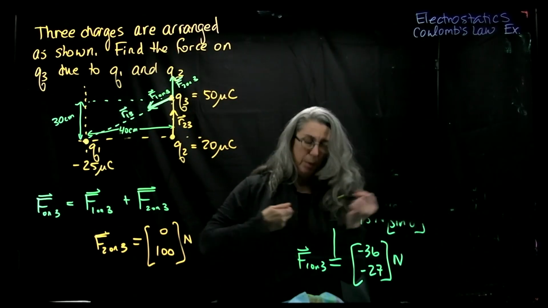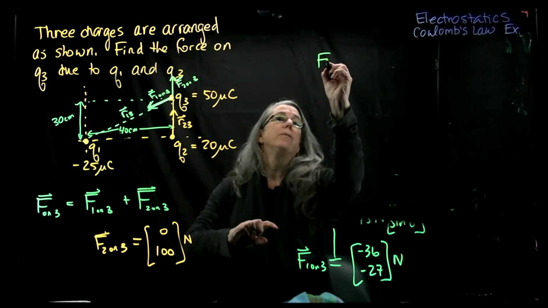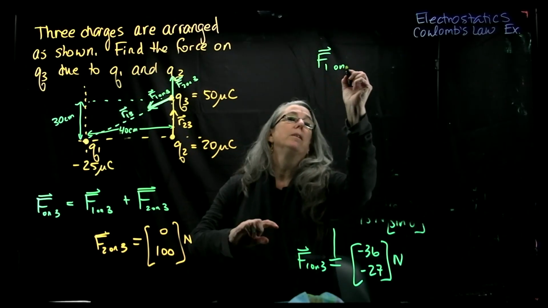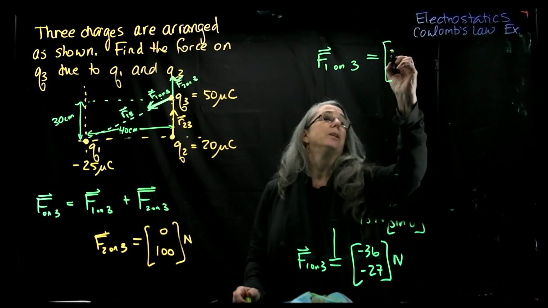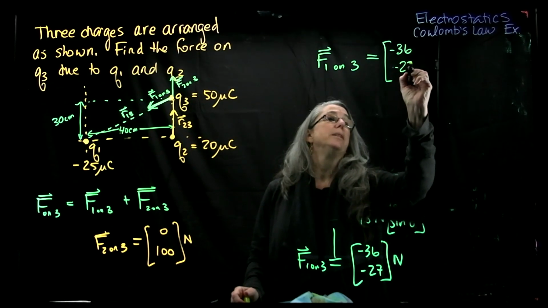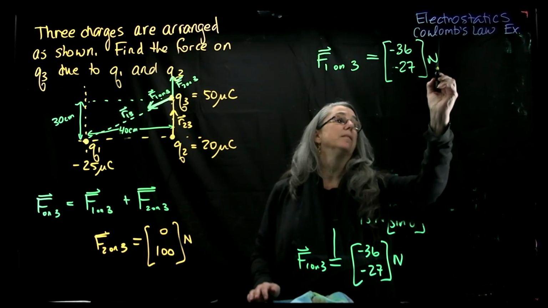So I have F1 on 3 equals negative 36 and negative 27 newtons.